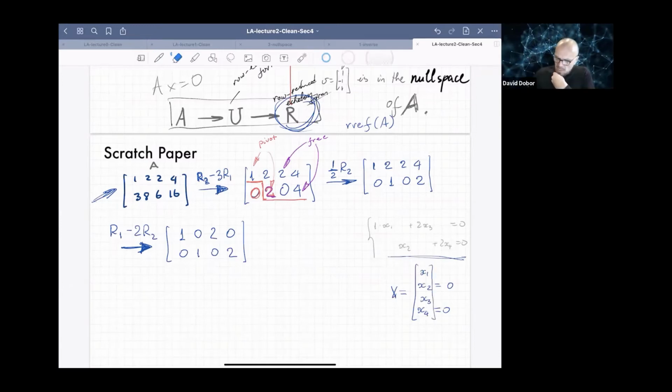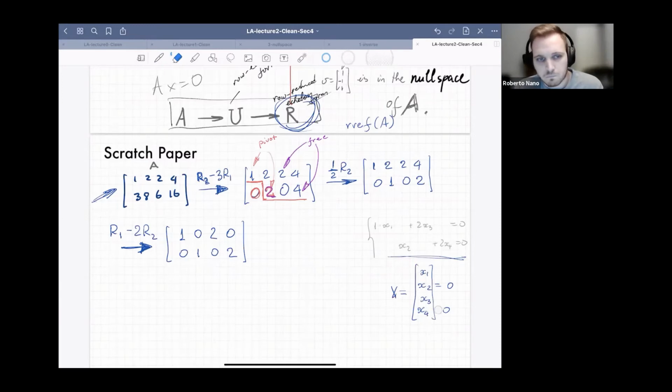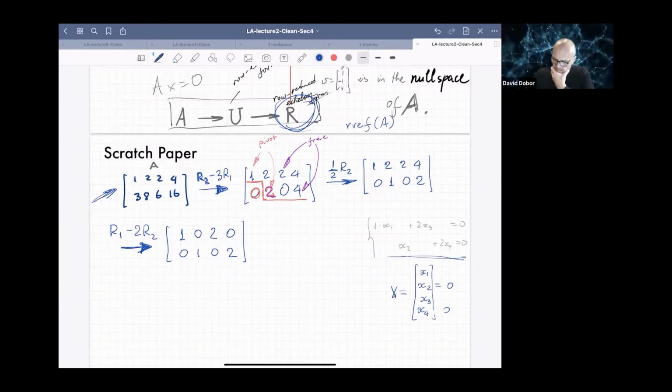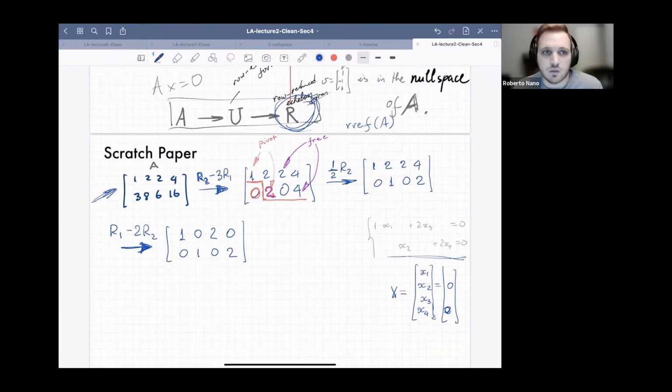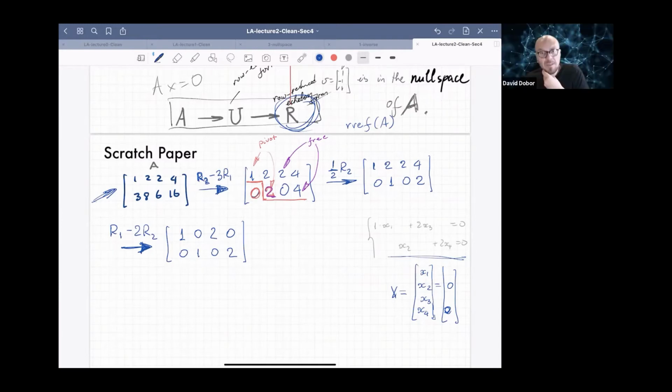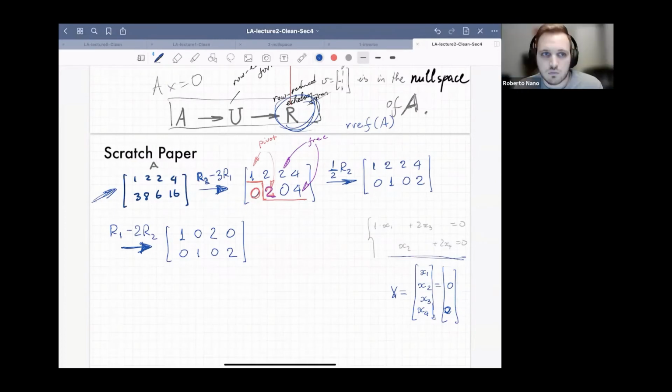Now that I have my x4 and x2 equal to 0, what are going to be the other ones? x1 and x3 can be something else. They don't have to be 0. Notice, by the way, is 0 always a solution if we set Ax equal to 0?